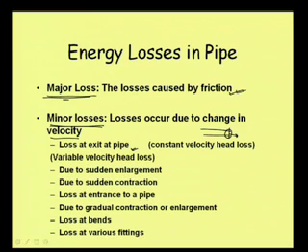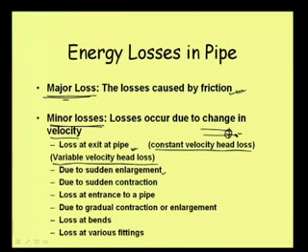At the exit point there is a loss, although in this case velocity is not changing, whatever velocity is coming here it is going out at the same velocity, but still there is a loss which is small in value as compared to the friction loss, and that particular loss we put in minor loss, but this loss is a constant velocity head loss. And then other minor losses are variable velocity head loss.